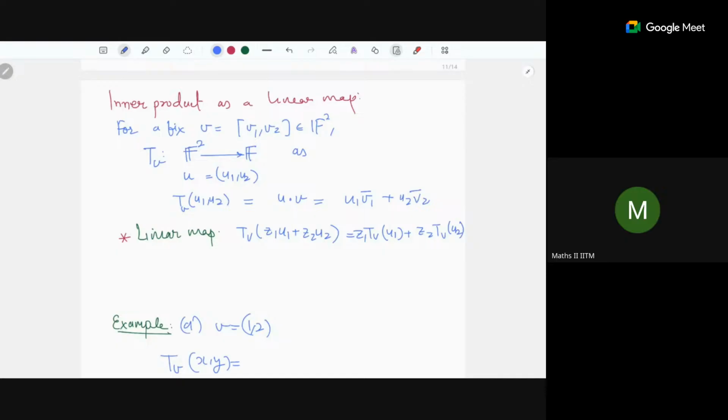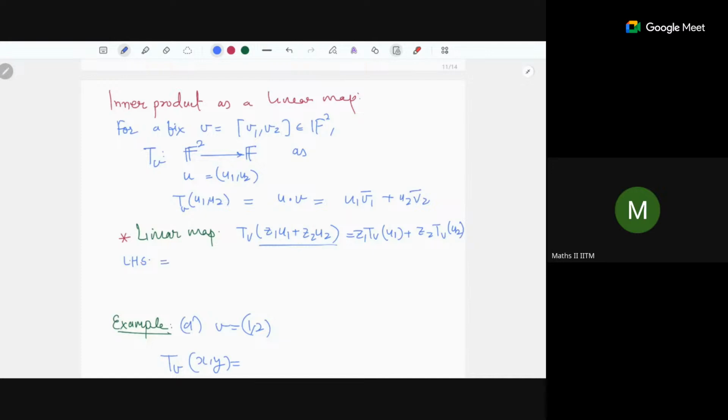So in this case, what is TV U1? Now, does this thing hold true? Just look at this definition. Let me start with the left hand side.